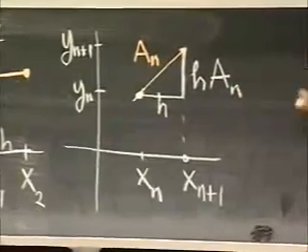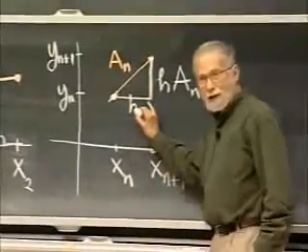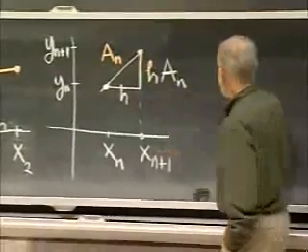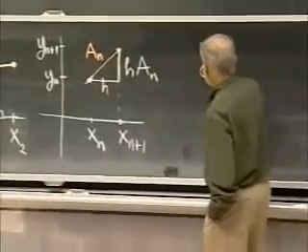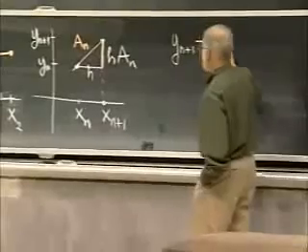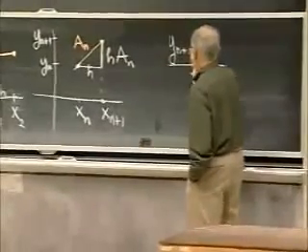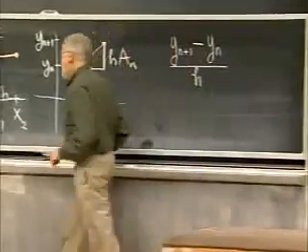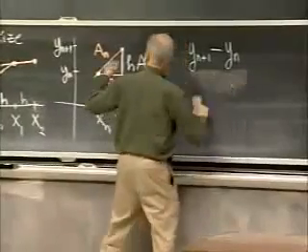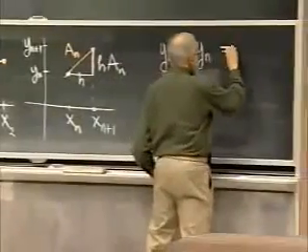To get from xn to xn plus 1, I simply add h. So that's the trivial part of it. The interesting thing is, how do I get the new yn plus 1? The best way to write it is yn plus 1 minus yn divided by h. Well, yn plus 1 minus yn is this line, the same as the line h times an.